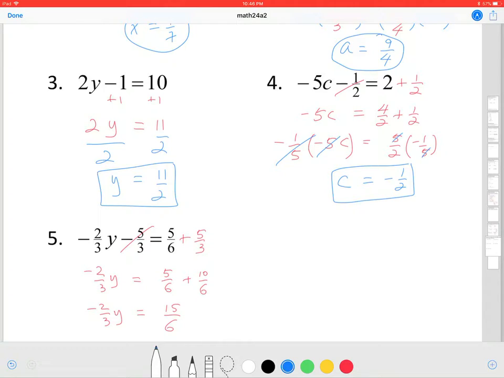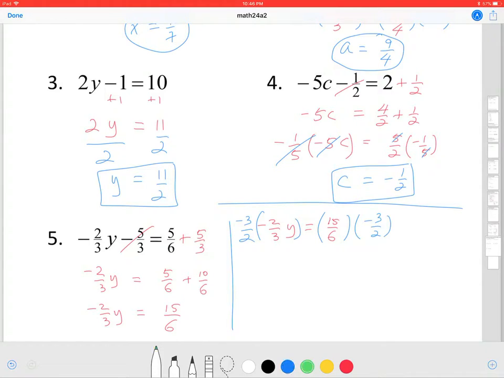Kind of running out of space, so let me move over to this side. I have negative 2/3 y is equal to 15 over 6. And I'm going to multiply both sides by the reciprocal, which is negative 3 over 2.